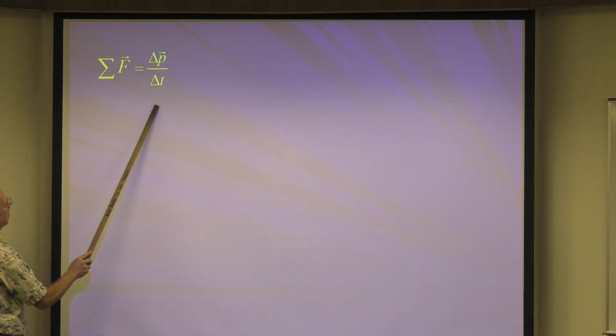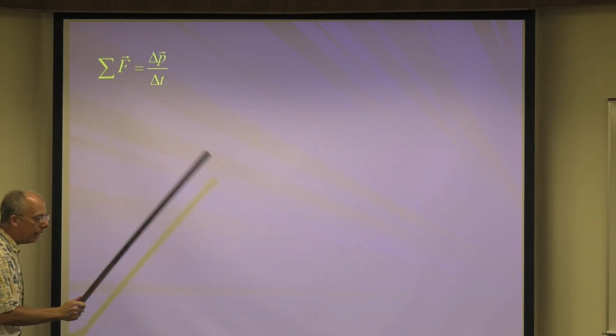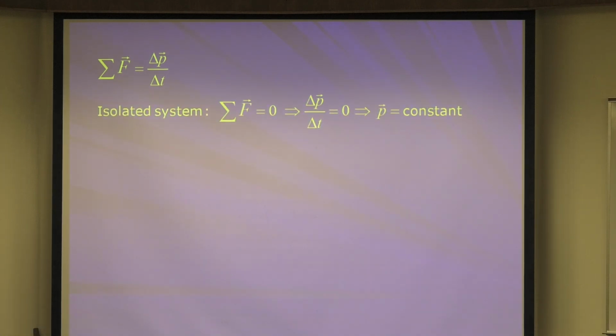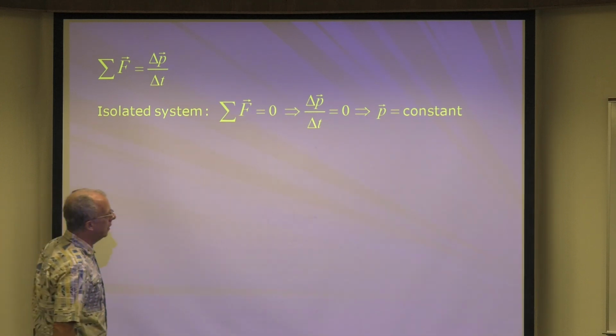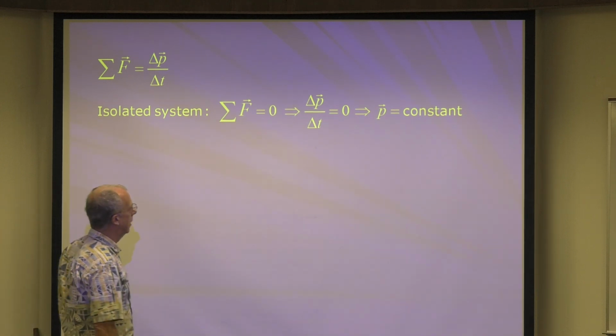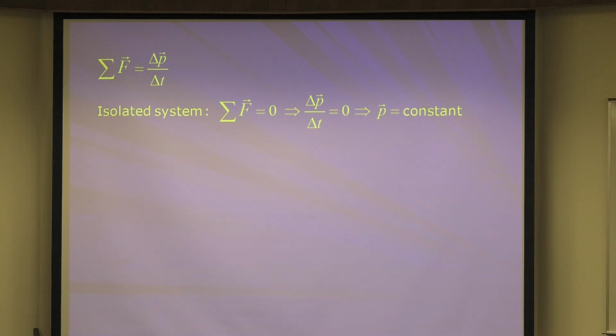It's not going to change, because the sum of the forces is 0, so delta P is 0. That means P doesn't change, because delta means change. So if we have an isolated system, the sum of the forces is 0, and P is constant.